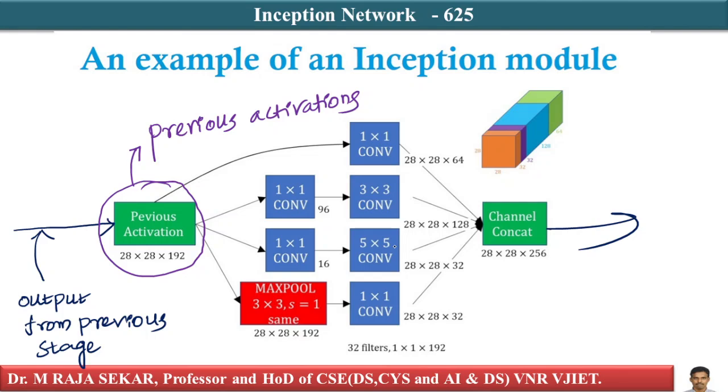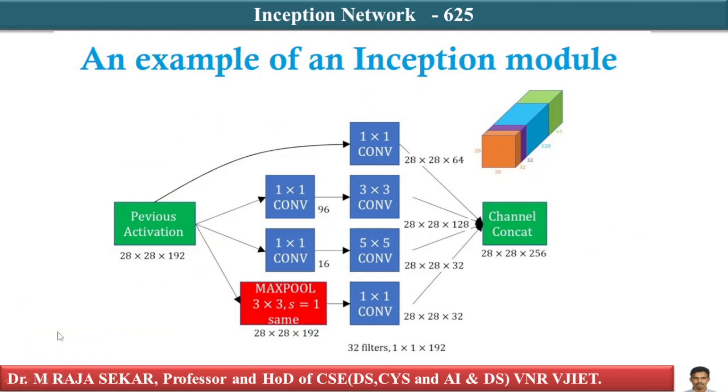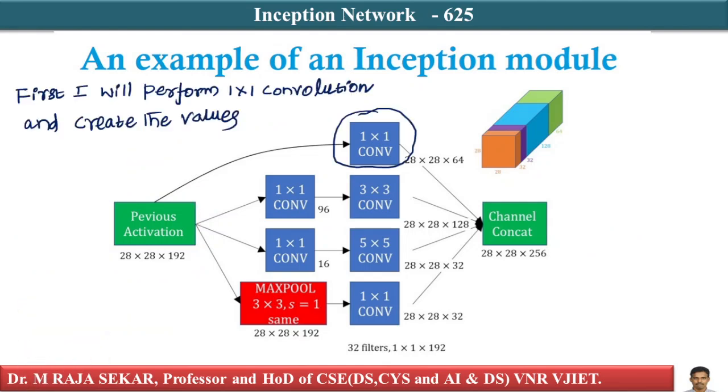First, I will perform a 1 cross 1 convolution and create all the values here. Then I perform a 3 cross 3 convolution via a 1 cross 1 convolution, through the bottleneck layer, as we saw just a while ago.